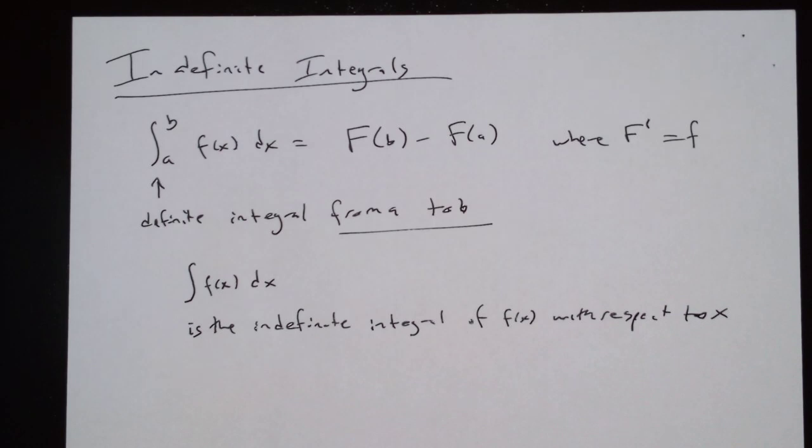And since our differential here, dx, means I'm working in the variable x, I'm going to call this the indefinite integral of little f of x with respect to x. I am thinking about what happens as I add up in the x direction.